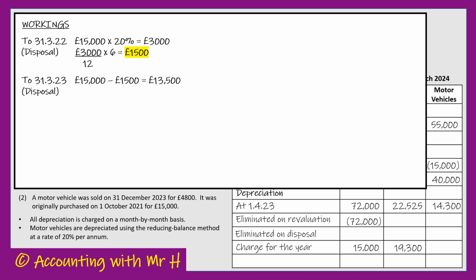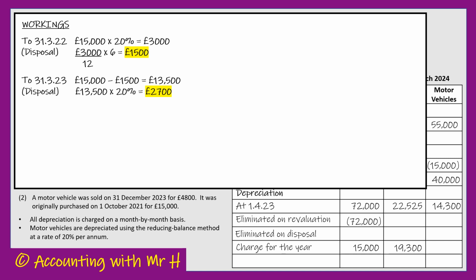So the net book value at this point would have been £13,500. They then would have found 20% of that figure, and that would have told them a depreciation charge for the year of £2,700. I don't need to adjust that figure because they owned it for all of that financial year, all 12 months.